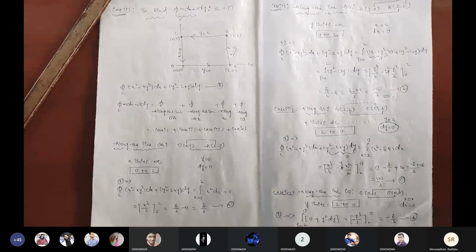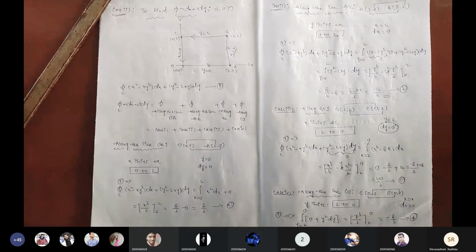Now we should add all 4 equations A, B, C, D. Then we get the equation 1 answer. First write down this. First we have to add, then afterwards I will give the time.